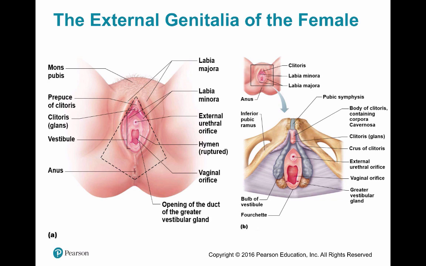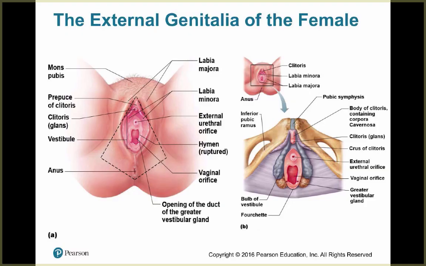The female external genitalia, also called the vulva or pudendum, includes the following. You have the mons pubis, which is that fatty area overlying the pubic symphysis, and you have the labia majora, which is that hair-covered fatty skin fold.